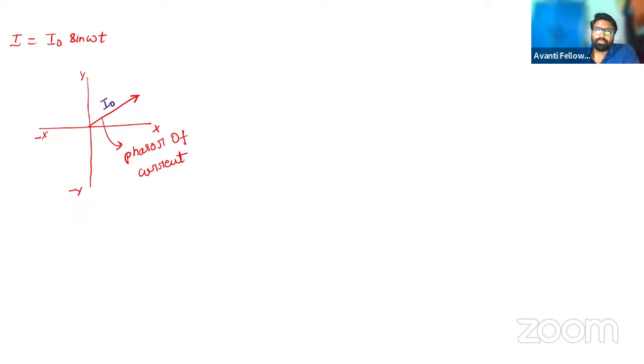And what is the angle? To draw a vector, we need two things: the magnitude of the vector and the direction of the vector. So to draw a phasor, we also need two quantities: the magnitude of the phasor and the angle of the phasor. And the angle is nothing but this omega t. So this particular angle is omega into t. This is a phasor of current.